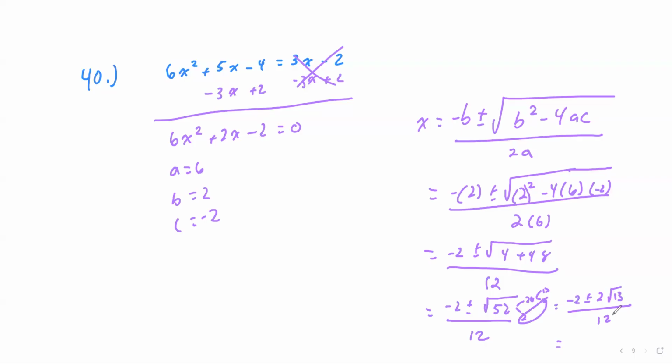You can see that they have a 2 in common, so I can divide every term by 2. -2 divided by 2 is -1, and then the 2 would technically cancel out and I would have just the square root of 13, and then 12 divided by 2 would be 6. In this case, the answer would be -1 plus or minus the square root of 13 over 6.